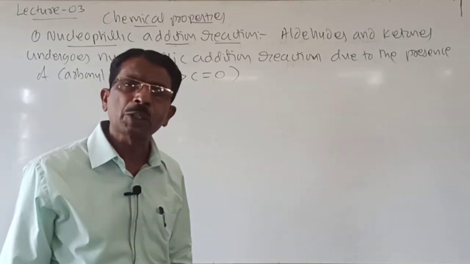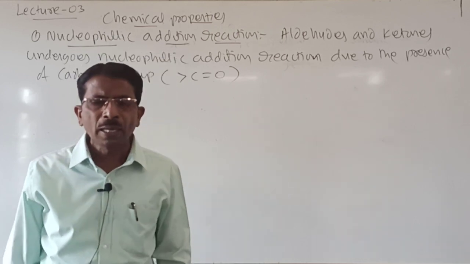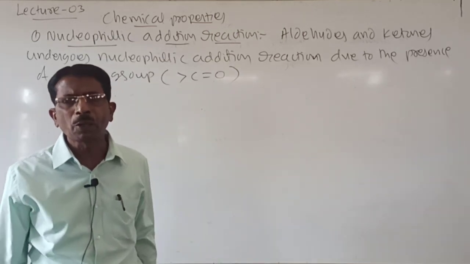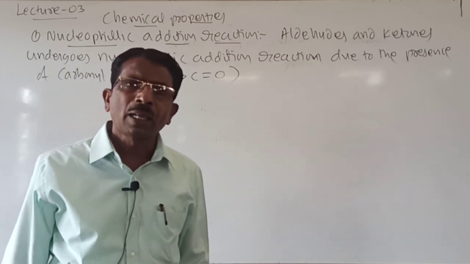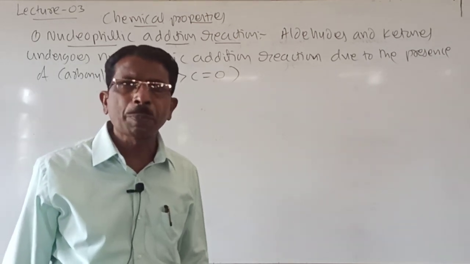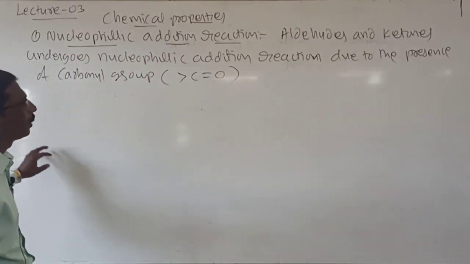And how does the mechanism take place? We know that in the carbonyl group, carbon and oxygen are there with a double bond, and therefore it undergoes easy addition reaction. We already know that double bond and triple bond compounds always prefer to undergo addition reaction. Similarly here, how does the mechanism take place?